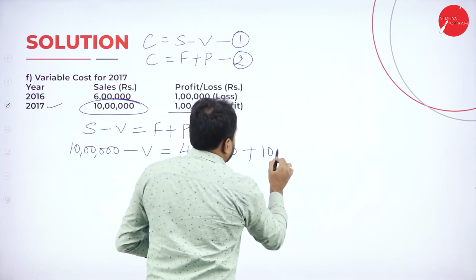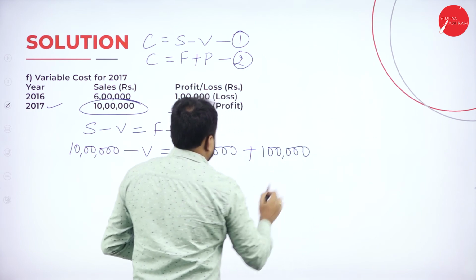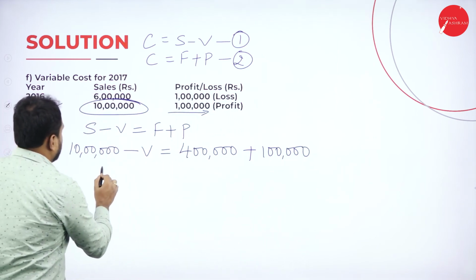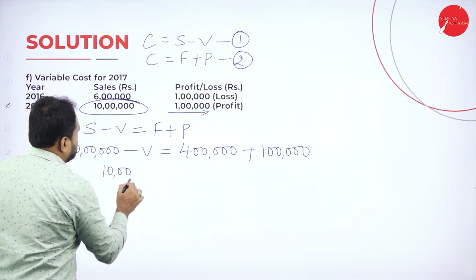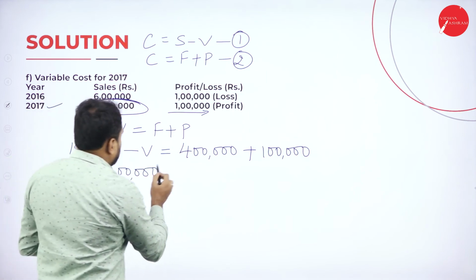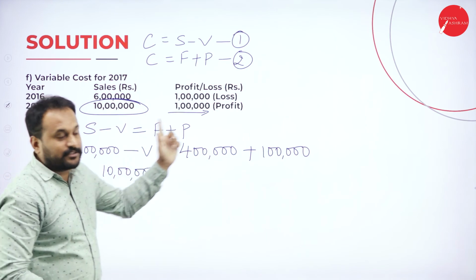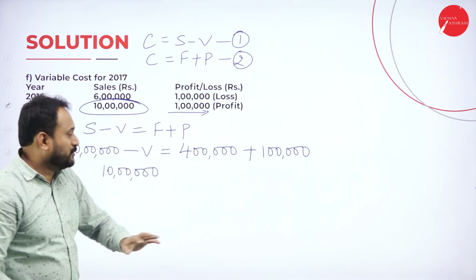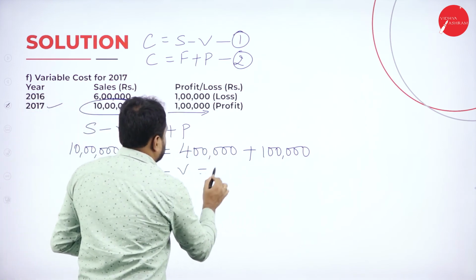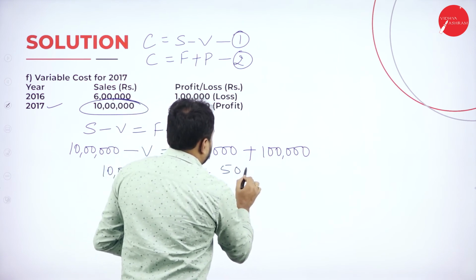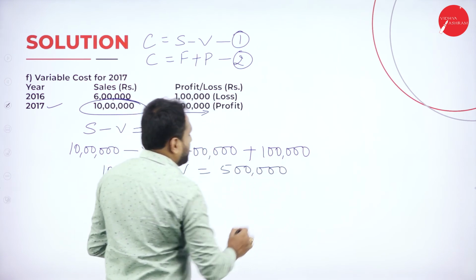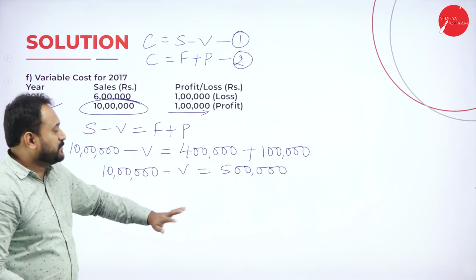So I'll write here 1 lakh. Done. Now 10 lakh minus V is equal to 4 plus 1, which is 5 lakh. Let's go step by step, no issues, because you are getting 3 marks, so go with the steps.